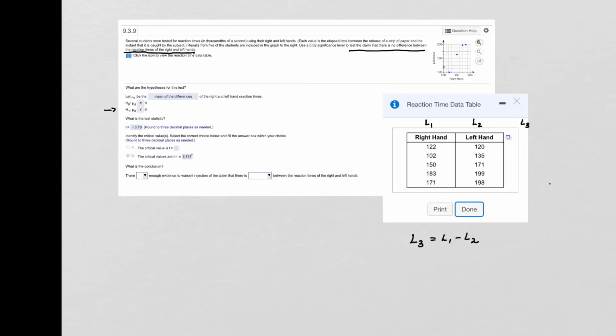And then we can do a t-test. The input is going to be data, and mu 0 is equal to 0 because that's the value from the null hypothesis.